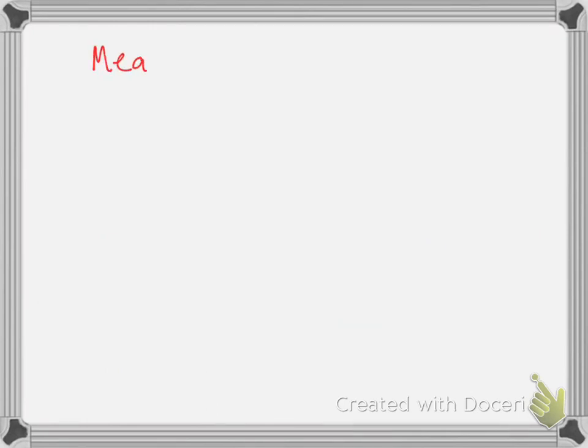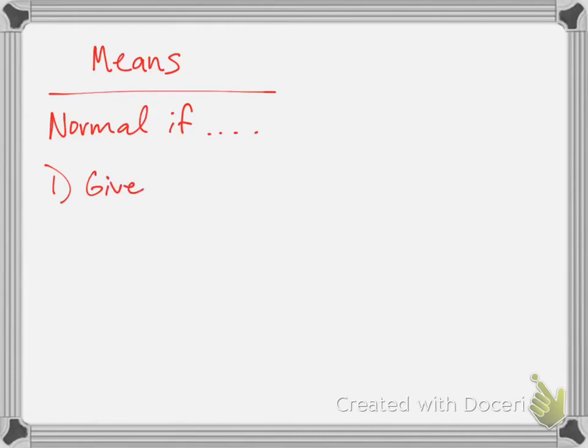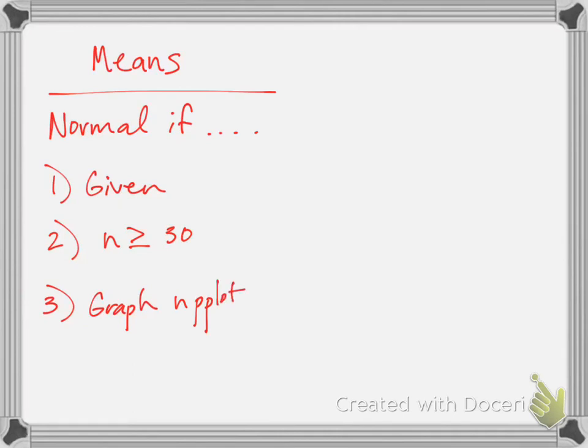So when I'm talking about means, it can be normal if given n is greater than or equal to 30, or you have to graph the normal probability plot. It's going to be one of these 3, and you have to discern which one. Okay, I'm not going to tell you which one it is.